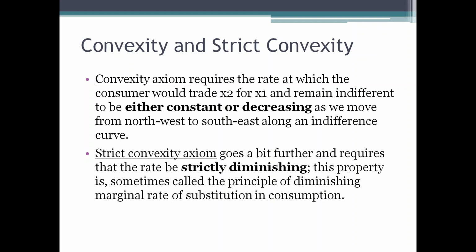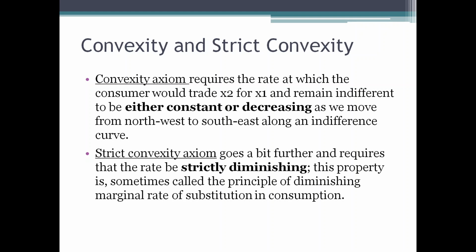This property is sometimes called the principle of diminishing marginal rate of substitution in consumption. So what's the difference? As we said before, convexity is related to the weakly preferred preference, while strict convexity is related to the strict preference.